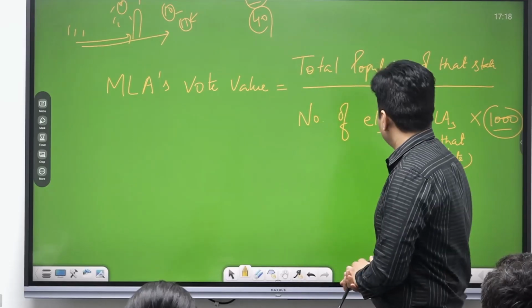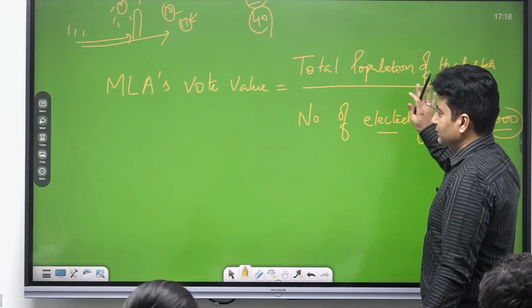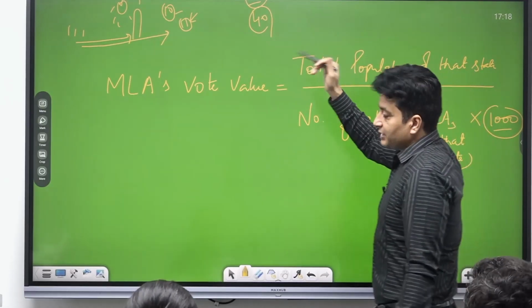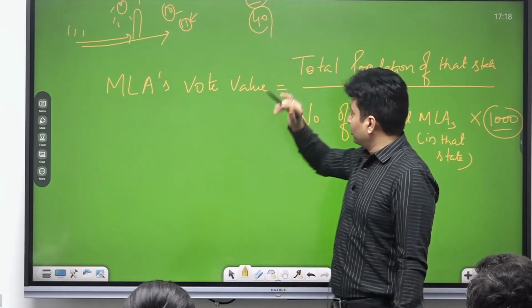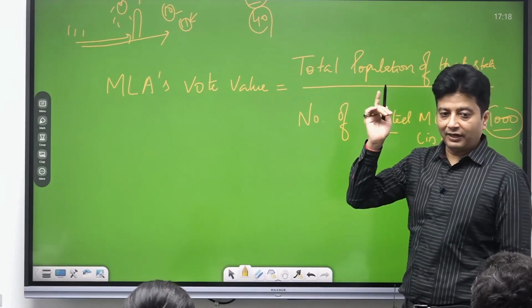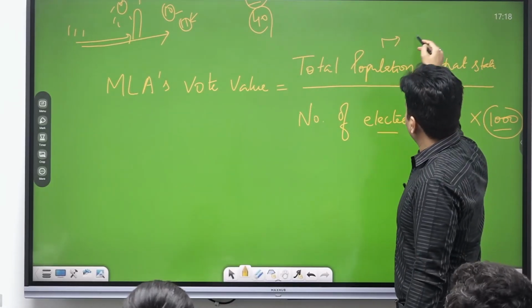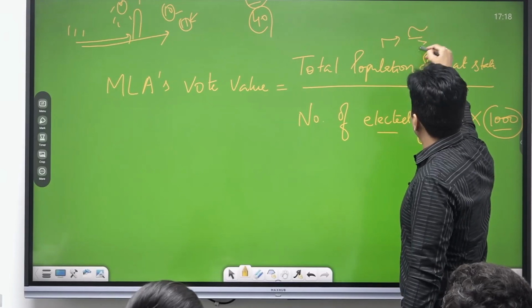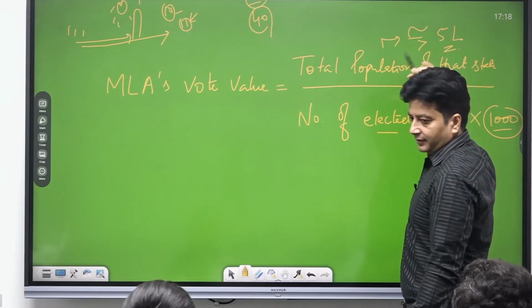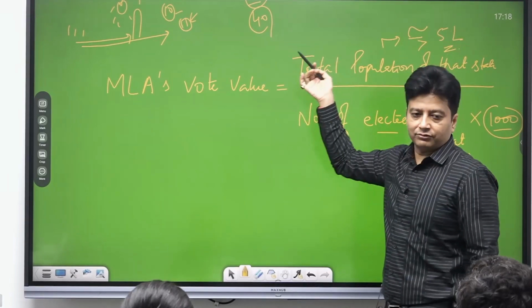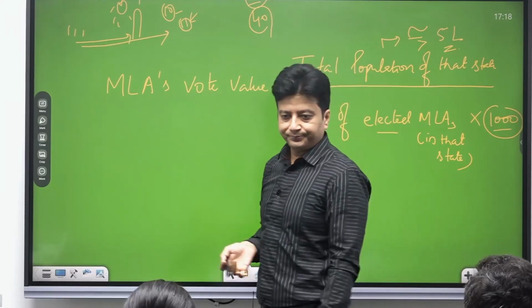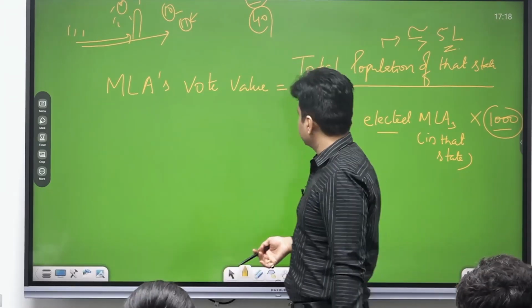Okay, so that's how it is. You understood this MLA's vote value. It will be used again and again in every state. And if you add it all up, it will be approximately more than 5 lakh, 5,49,000 plus, right? So 5.5 you can say.